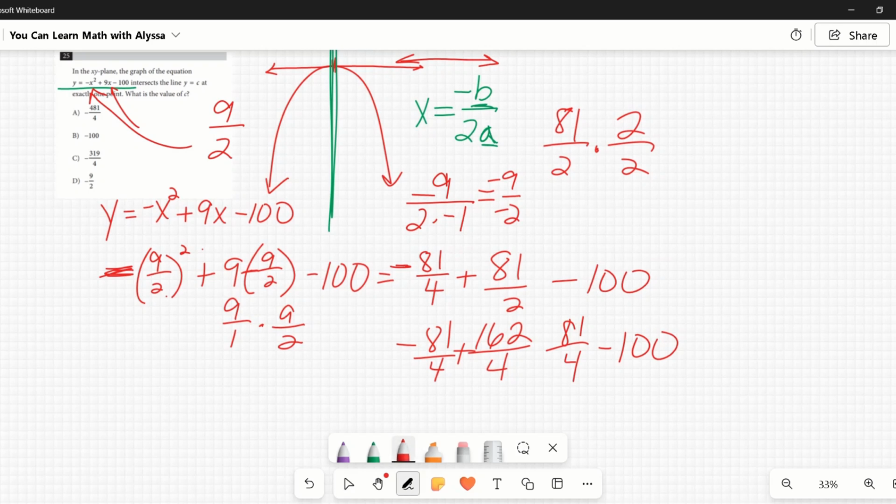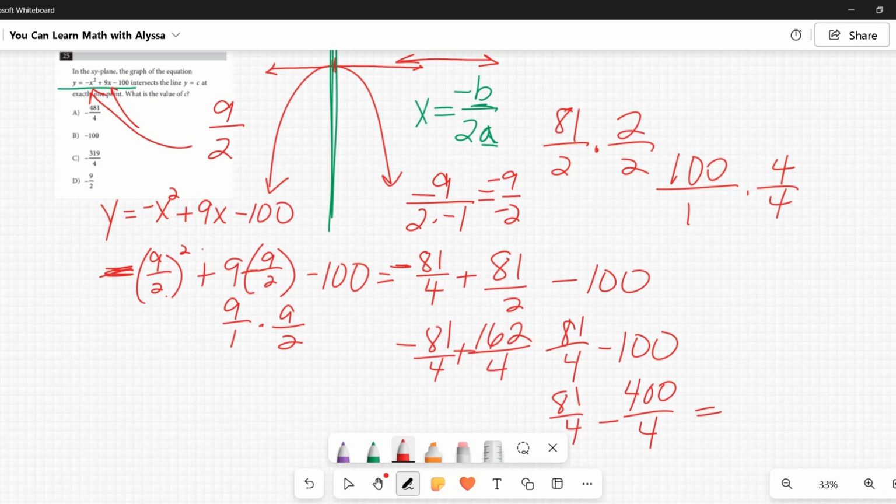So 100, convert that into fourths would be 400 fourths. We get that by multiplying 100 over 1 times 4 over 4. So 81 fourths minus 400 fourths is equal to negative 319 fourths, which is C.